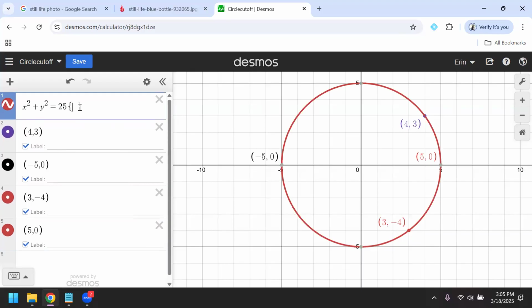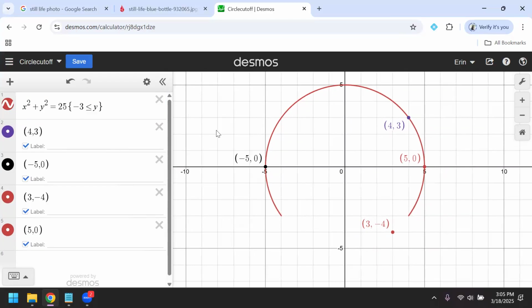I can use a y instead of an x to cut off vertical parts of the circle as well. Let's try this. Let's try negative 3 less than or equal to y. Now a bottom part of the circle is missing, right? Because this is saying graph all the points where the y coordinate is bigger than negative 3.